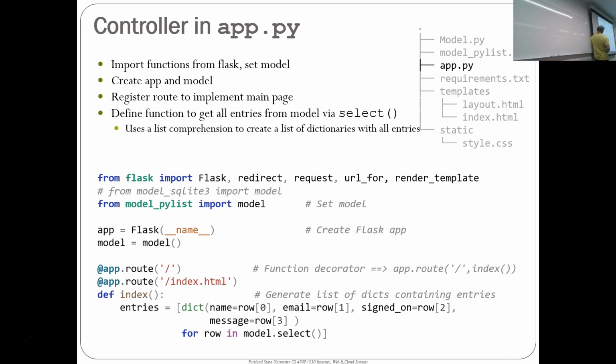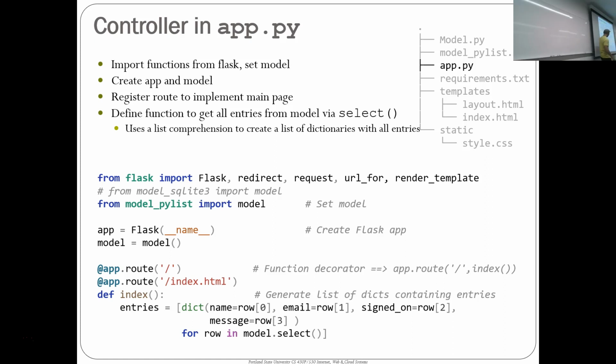And the index function is just going to take all of the entries, so for row in model select, this is going to get the list of lists from the model backend. And what this does is it creates a dictionary out of all of those entries for every row in model select. So Jinja likes to get things in a dictionary.